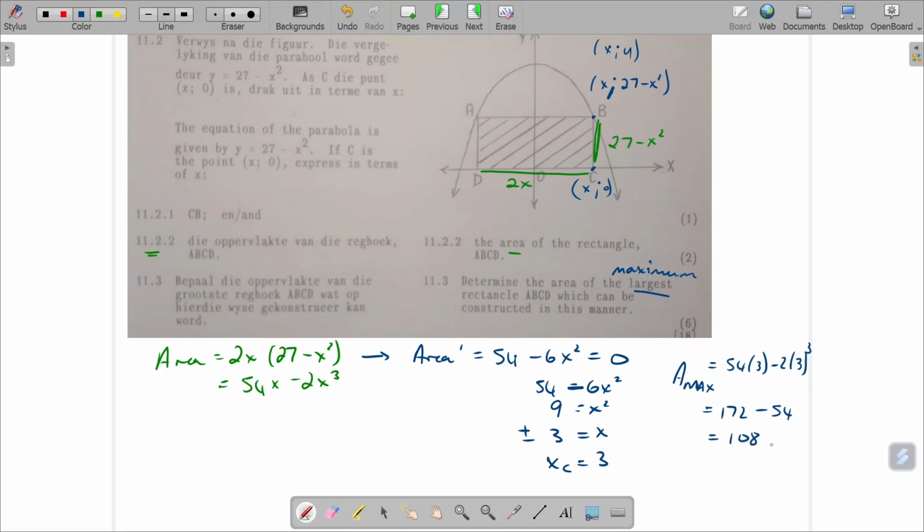Do they give us any units? I don't see any units in the question, so we're just going to say the area here would be units squared. I need to fix that little typo there, so that 172 should be a 162. Apologies.